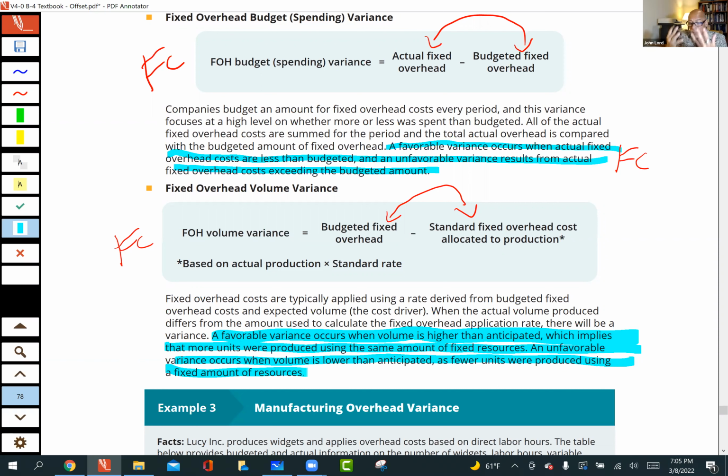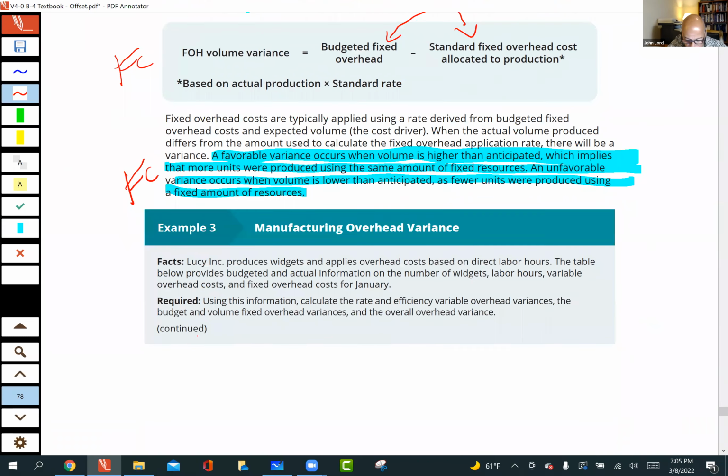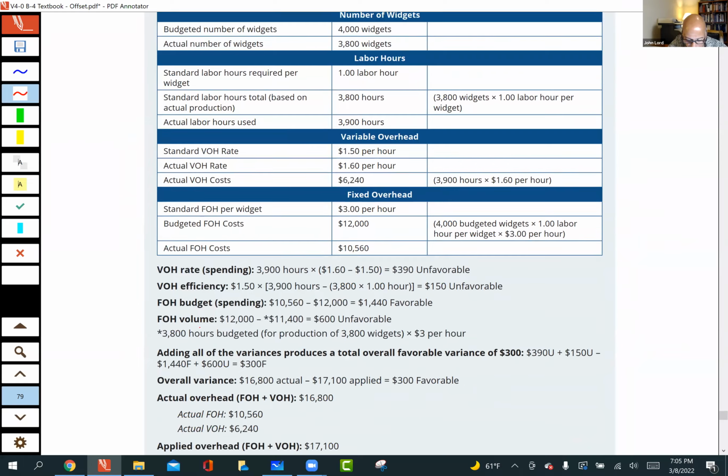And if that volume goes up, then the amount that has been applied to our jobs is going to be larger. And that's good because it looks like we must have produced more units, because we're looking at the volume variance. Okay, and so flashcard that outcome along with the formula. And now let's look at question 5, or whatever it was, 4.